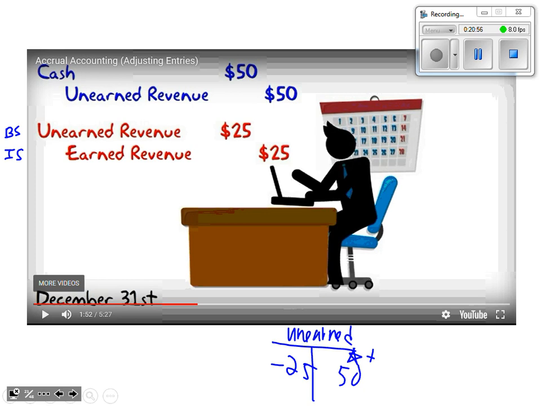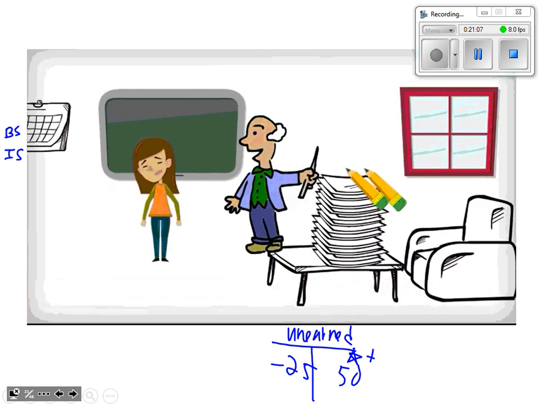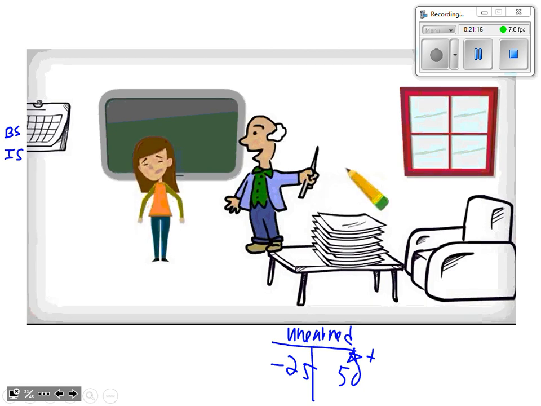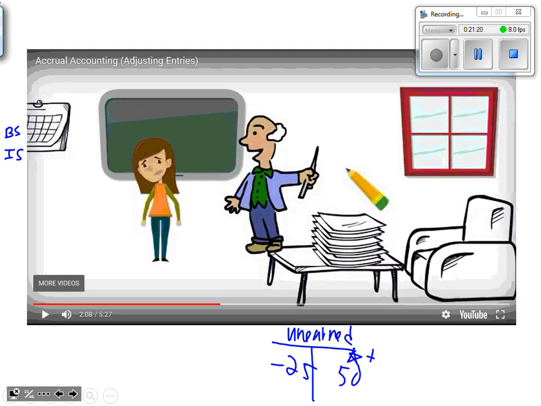But on December 31st, it has to be pertinent to that fiscal year before we close the books. So what they gave you, they used half. Half's gone. So we have to adjust because remember this is December 31st.